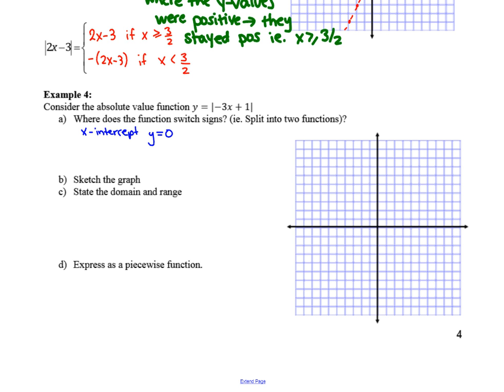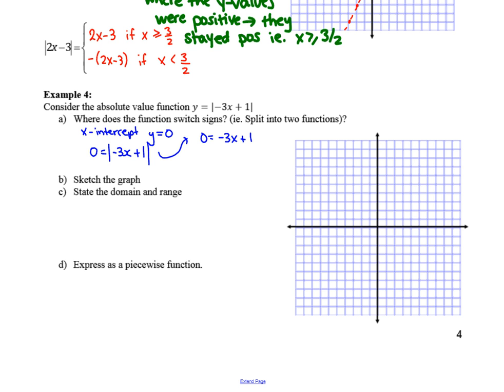So we're going to set y to 0. Now, can I ask you a question? If I make y 0 here in our equation with the absolute value, do we need the absolute value symbol? No, because absolute value of 0 is still 0. So we're really solving this.